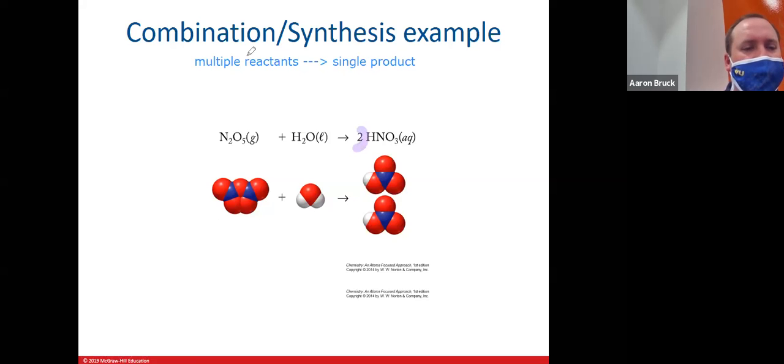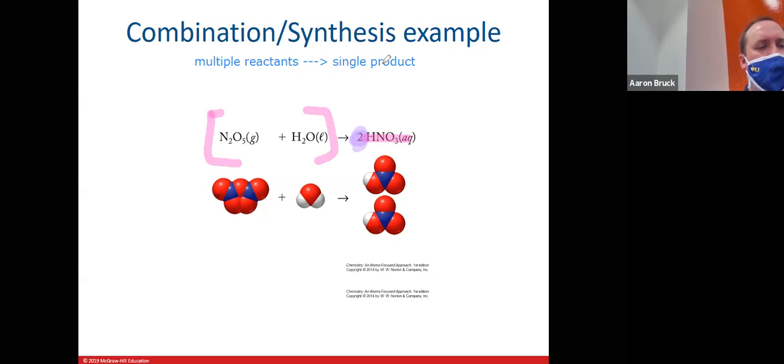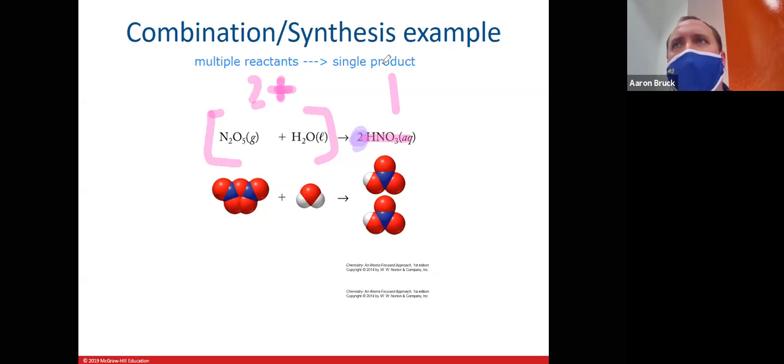One place where we can tend to get confused in the identification of chemical reactions: do not pay any attention to the coefficients. When we say that we have a single product, we're not referring to the coefficient, we're referring to the fact that there is only one chemical formula on the product side of the reaction. So I've got multiple reactants over here and one product on the other side. That's a combination reaction, also known as synthesis.